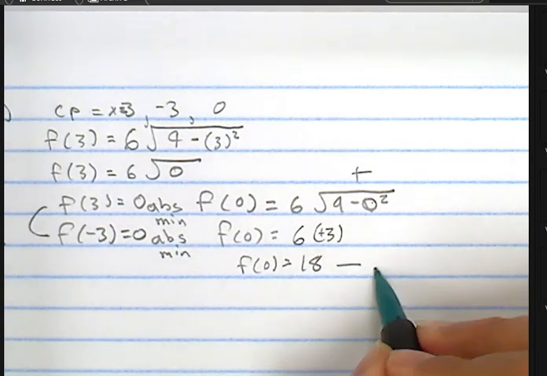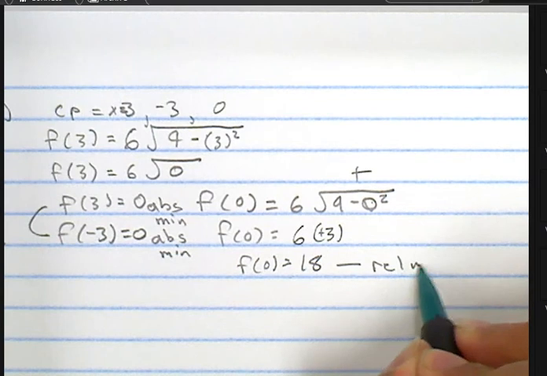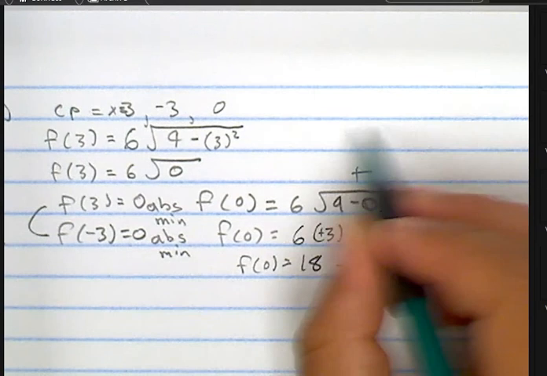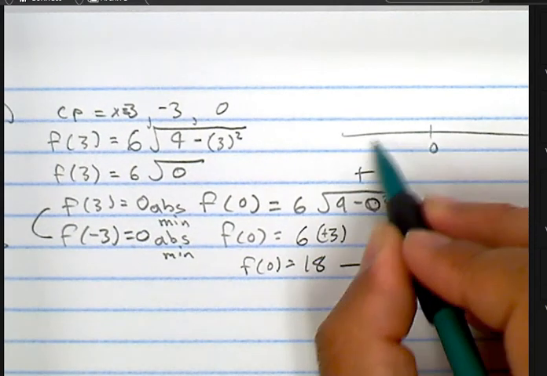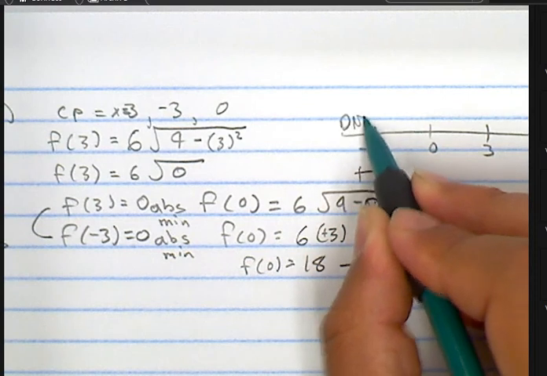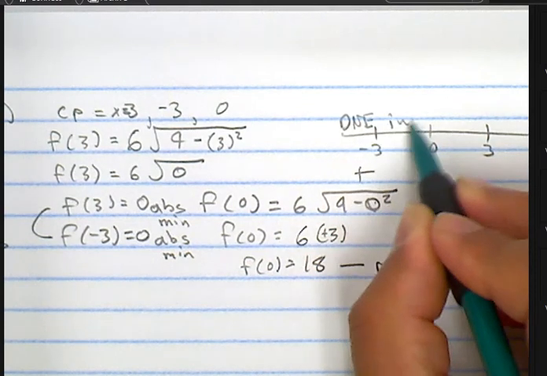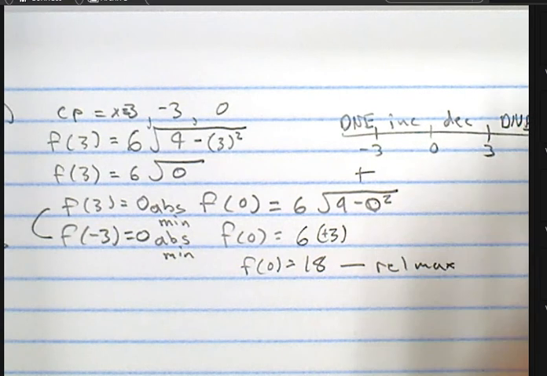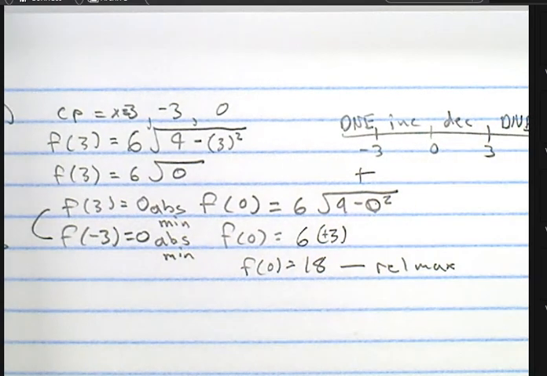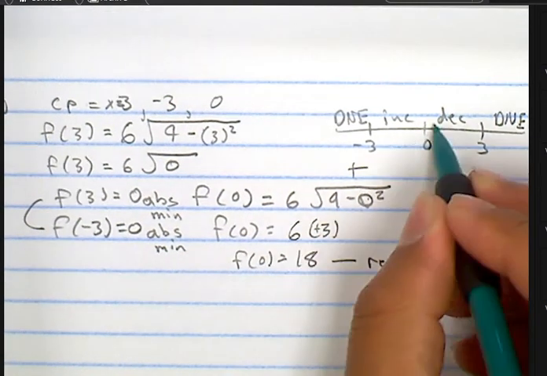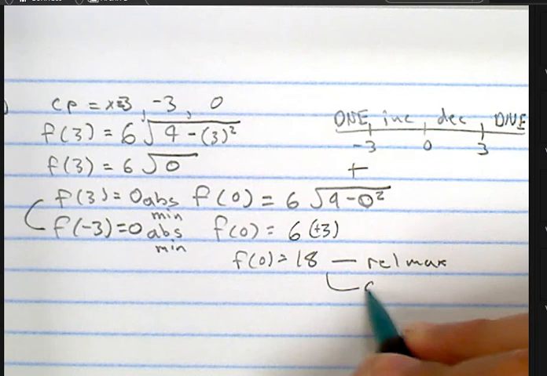And this is a relative max due to our sign chart. If you remember, it was right, relative max, so because it's increasing to decreasing on our sign chart, and an absolute max.